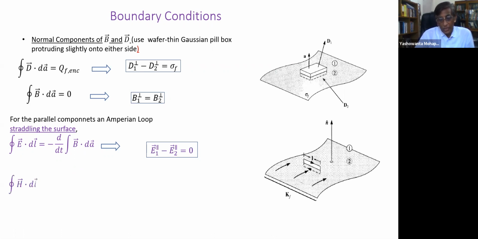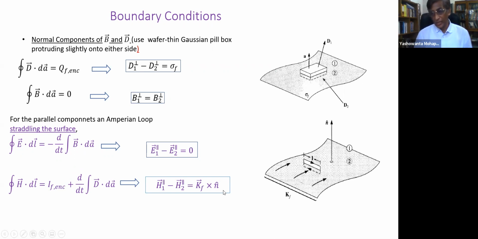But for H, if there is a free current KF, then it will have an effect, and so H1 parallel minus H2 parallel is KF cross n. This is something similar that we have already discussed, the same techniques, but for the sake of completeness I want to put it together. So D perpendicular, B perpendicular, E parallel, H parallel. We have the complete set of boundary conditions that we can apply.